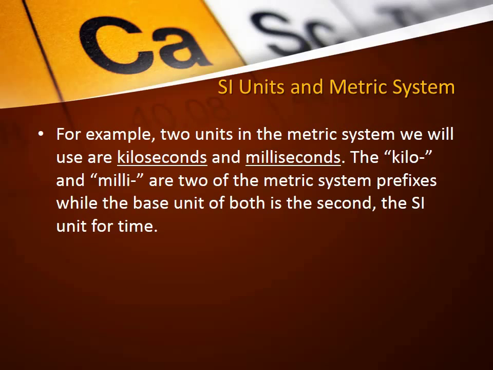For example, 2 units in the metric system that we will use are kiloseconds and milliseconds. The kilo and the milli are both prefixes that are talking about our SI unit for time. Now, these do not have to deal just with SI units, but they commonly will in chemistry.